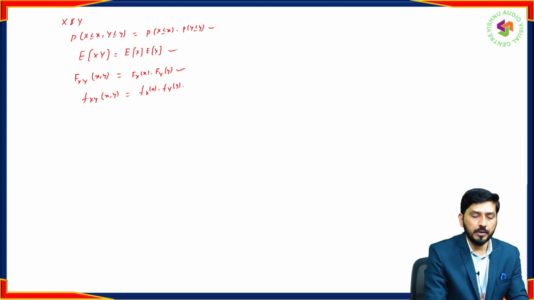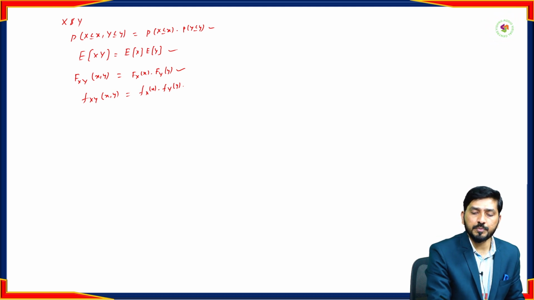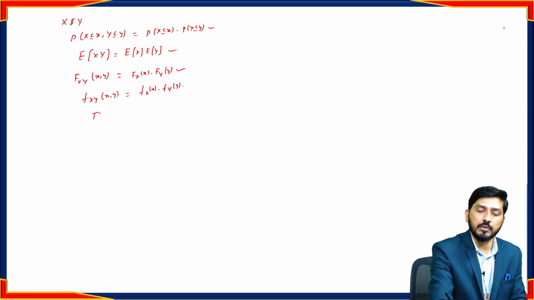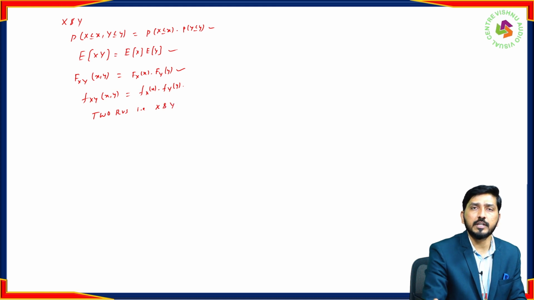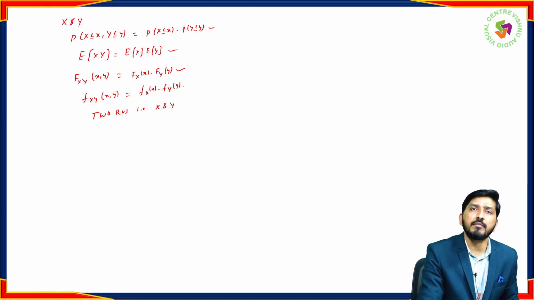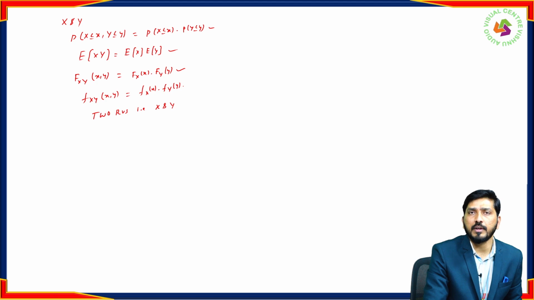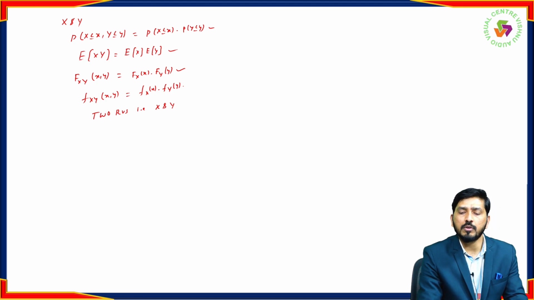Now we will move on to the operations performed on two random variables, that is X and Y. Here I am considering the random variables capital X and capital Y. In an examination, you may be asked with a different random variable notation, but the concept remains the same. Now we will move on to operations.